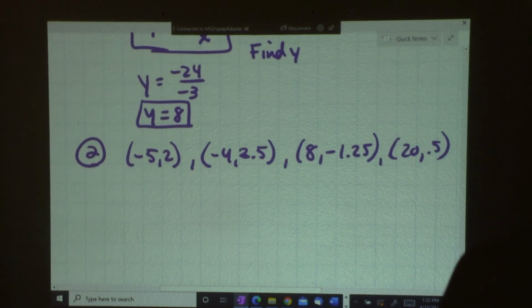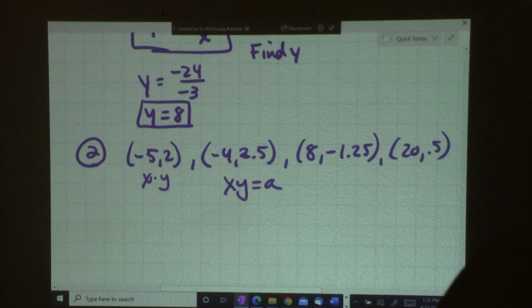So what I need to do is I need to multiply all of these ordered pairs, x times y, to see if they equal the same thing. So my formula is actually rewritten as x times y equals a.